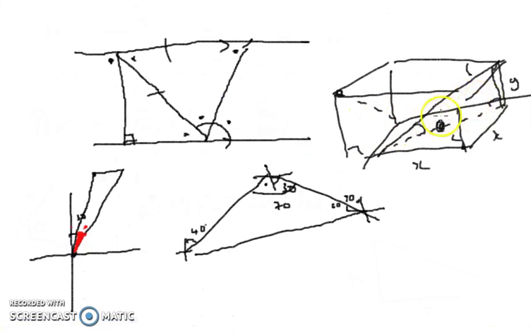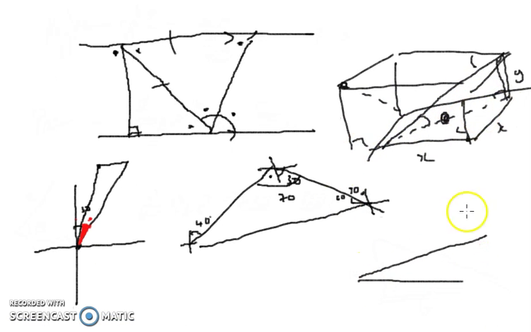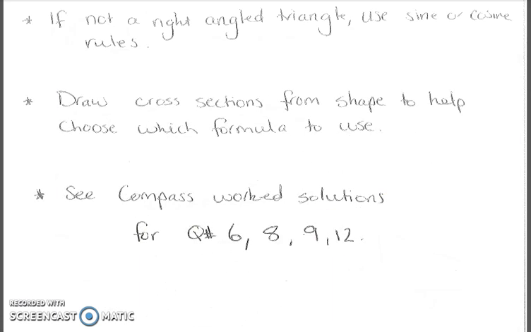For example, with this shape, you might need to work out the diagonal on the base. Draw it out again, and then you can see that it's a right angle, and then use your opposite, adjacent, hypotenuse. So redraw the picture. It gets a little bit confusing when we put all the information on the one diagram, so draw out the information.